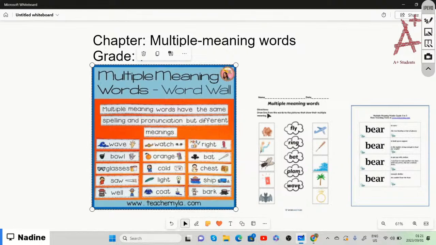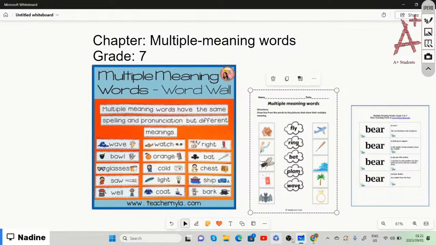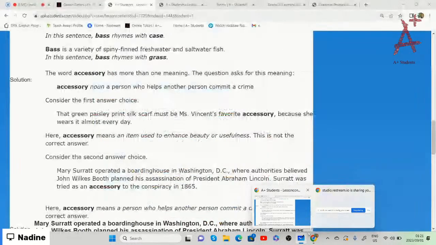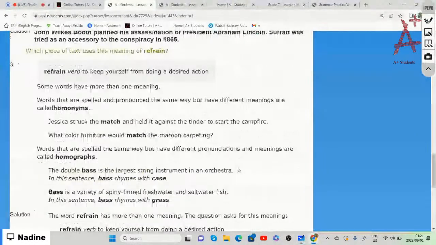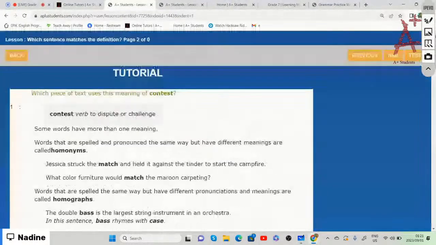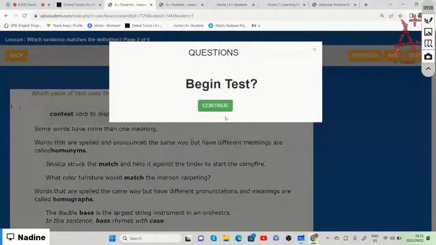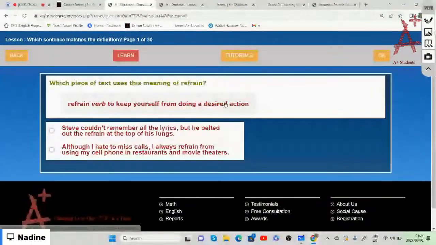So now we're going to come to the activity with me. Okay, so which piece of text uses the meaning of refrain? Refrain is a verb.